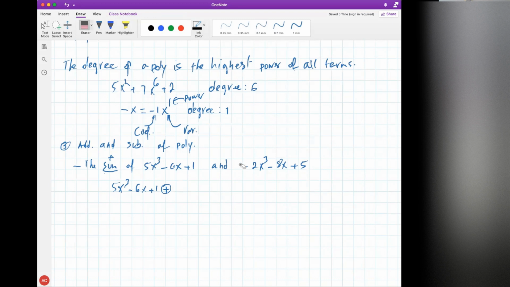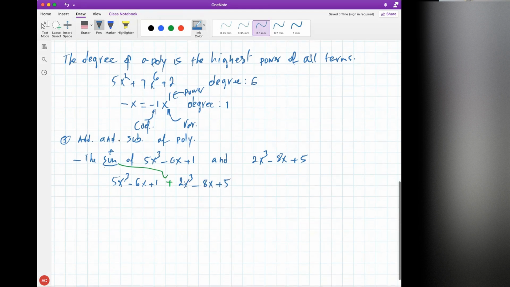Just start simple now. So you have an addition, because of sum, plus. Then I'm just going to put the other 3 terms next to it. That's it, just put them together.